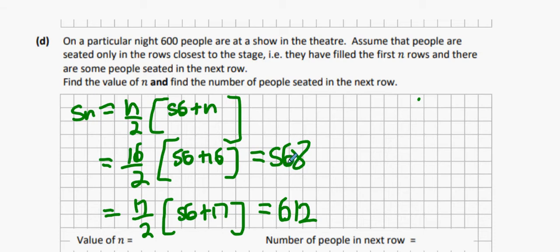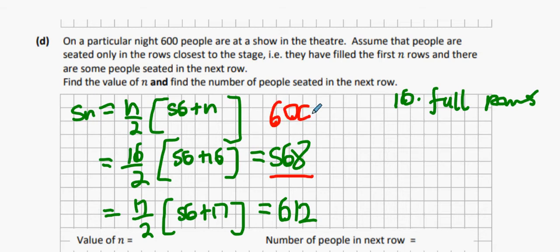Would you agree with that? So I reckon the first 16 full rows. And how many people in the 17th row? 600 take away 568. 32 people in the 17th row.